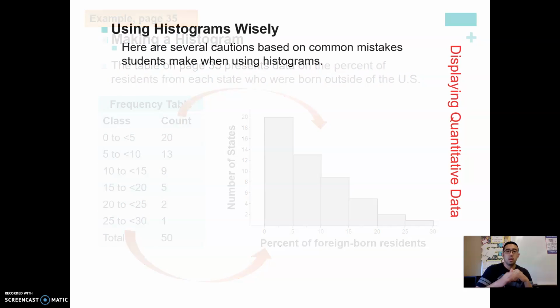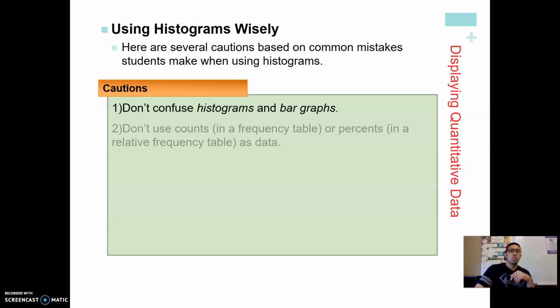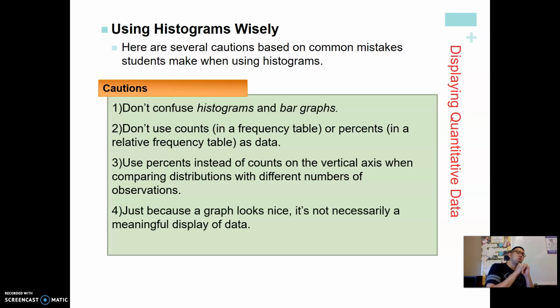Okay. So, number one, we just went over: don't confuse histograms with bar graphs. These are two different things. Okay? Says don't use counts in a frequency table or percents in a relative frequency table as data. Oh, I see. These are probably more for bar graphs and pie charts.